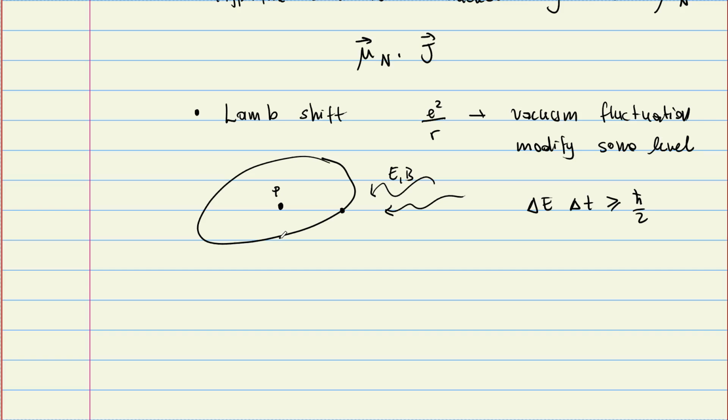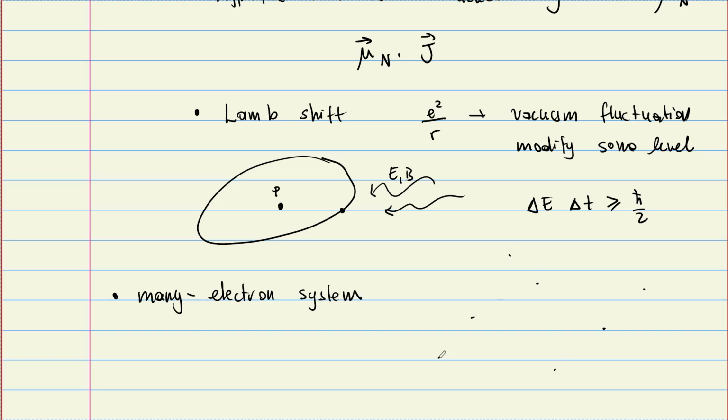Okay. So for a single electron, we can add different components of angular momentum. Similarly, we can also add angular momentum of different electrons. Suppose we have a many-electron system.